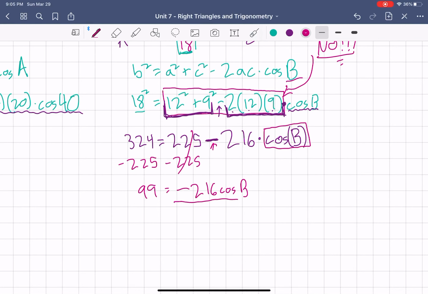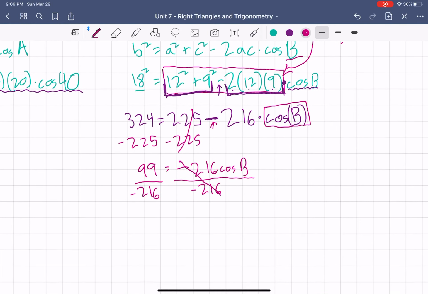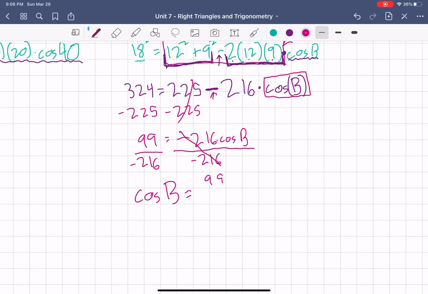So negative 216 cosine B, and cosine B is our variable. And then to solve for our variable, we're going to divide, because that's the opposite, or the inverse, of multiplication, by negative 216. So what we're going to have left over is cosine of B is equal to 99 over negative 216, okay? Or negative 99 over 216, because it doesn't actually matter where that negative goes.